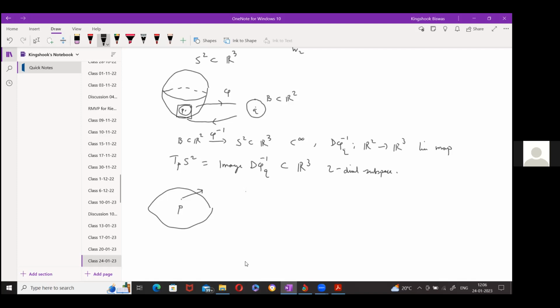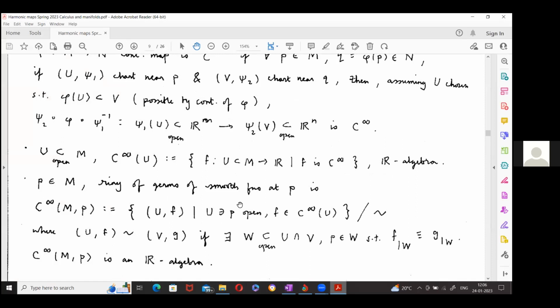Therefore we should consider functions up to an equivalence where you identify two functions if they agree in a neighborhood of P. So this leads to the definition of what's called the space of germs of smooth functions.